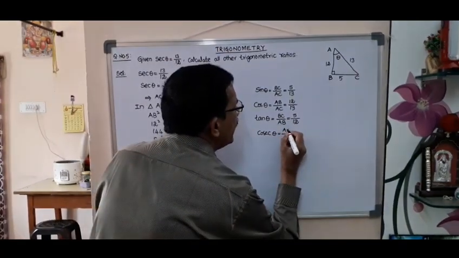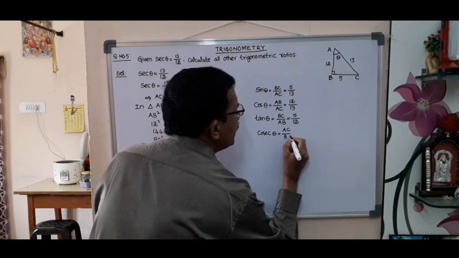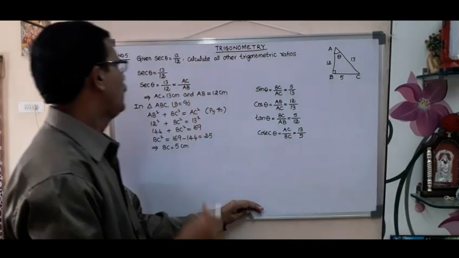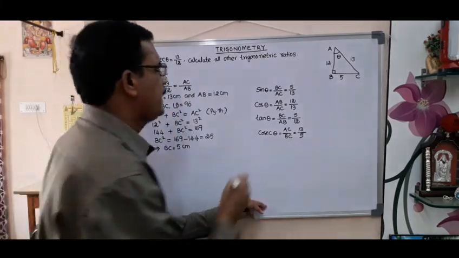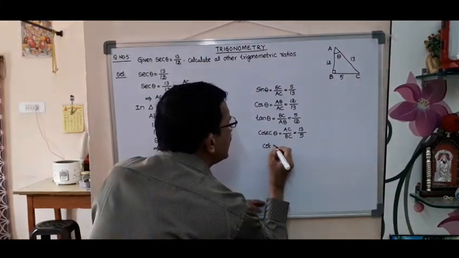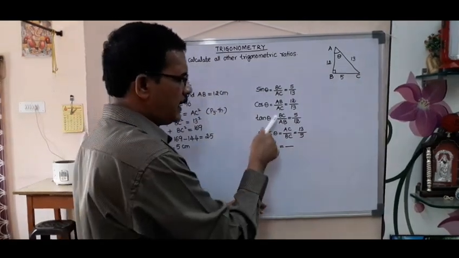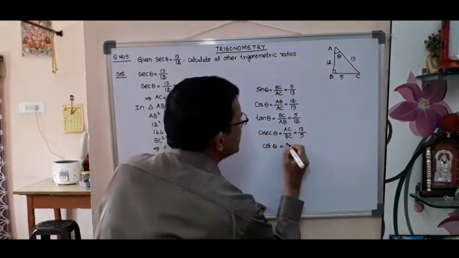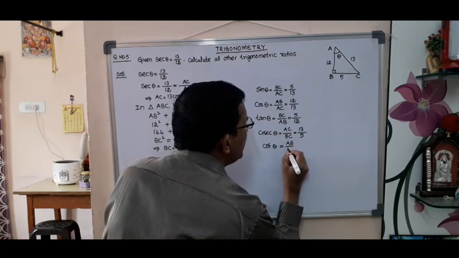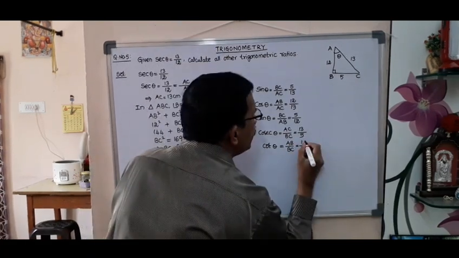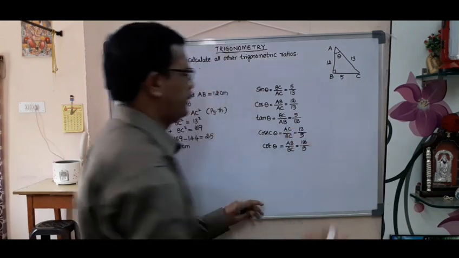So AC by BC, that is equal to 13 by 5. Already secant theta value is given. Now we will find cot theta. It is the reciprocal of tan. Tan is BC by AB, so this is AB by BC, that is equal to 12 by 5.